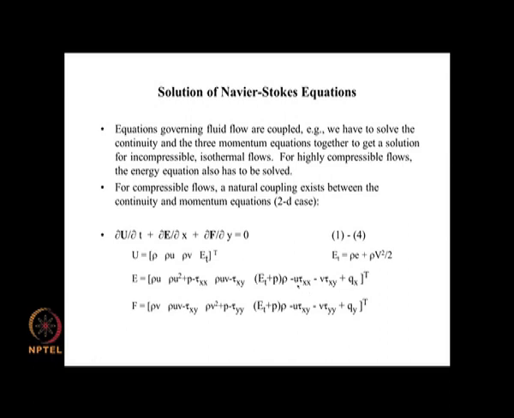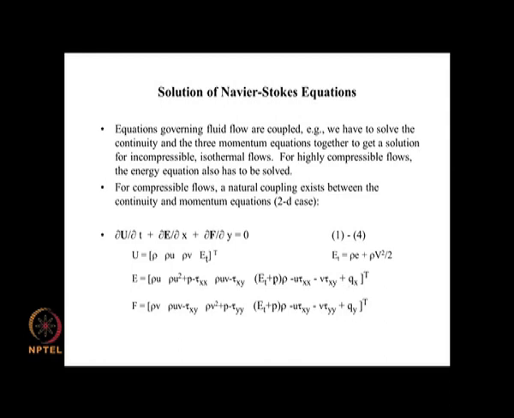then you have the work done by the stresses, τxx times u and τyx times v, and then τyy times v, and then τyx times u here, and then the heat fluxes.